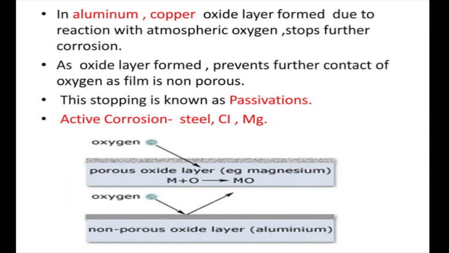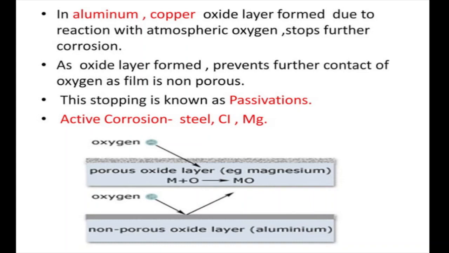Now active corrosion occurs in case of steel, magnesium, etc. When oxygen comes in contact with a porous oxide layer, like magnesium, it creates magnesium oxide, and with a non-porous layer like aluminium, it creates alumina, which is very hard, as you know very well, and is an impenetrable type of material.